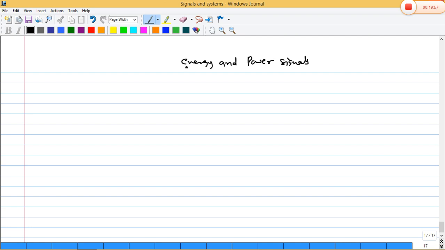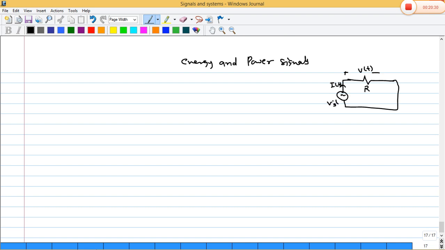So normal power: if a resistor is there and this one is a voltage source, and the voltage across this resistor is v(t), and here i(t) is the current passing through this.